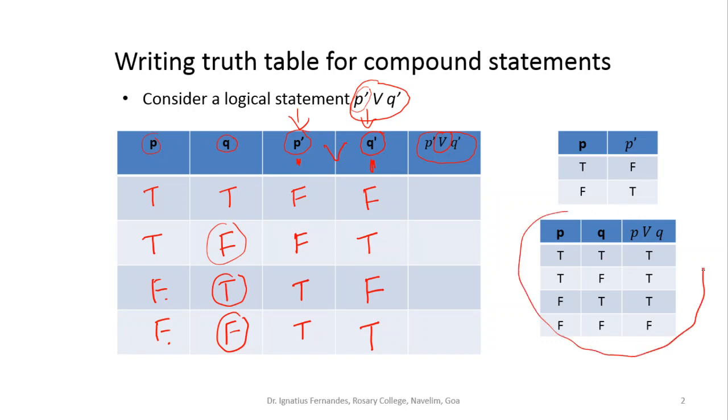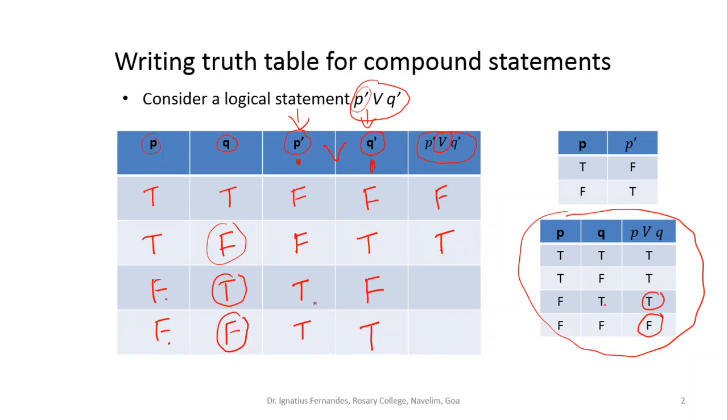This was the table for OR. I know that OR is true when at least one of them is true, otherwise it is false. So for F and F in the OR case, it is F. When both are false, OR is false. When one of them is true, OR is true. For F and T, it is T.